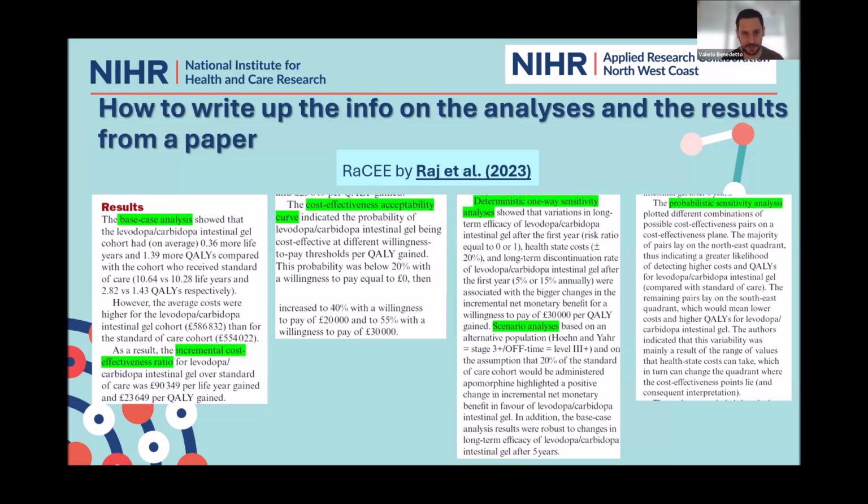I'm not going to read things here, but you've got the different paragraphs associated with the base case analysis, the incremental cost effectiveness ratio, the cost effectiveness acceptability curve, the deterministic and the probabilistic sensitivity analysis, and also the scenario analysis, which is implemented by researchers in order to understand what happens to the results when you have an alternative population. Maybe you have a patient with higher severity or lower severity, let's say. So you could change that kind of assumption and see what happens to the base case results.